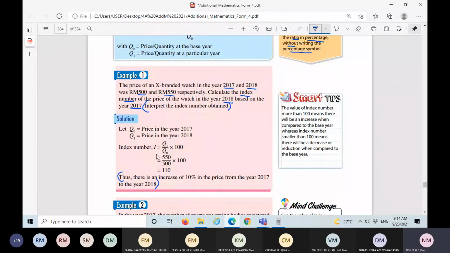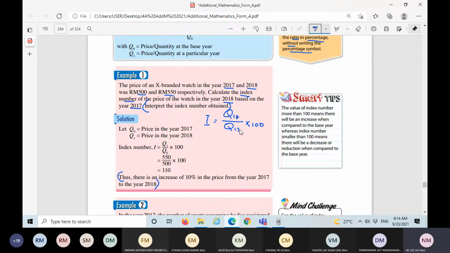Okay, so this one you see, you use a formula. If you don't want to label the year, another way of writing is Q18 over Q17, also can. Then you don't label it. But labelling in this way is for you to know which year's price you are using.